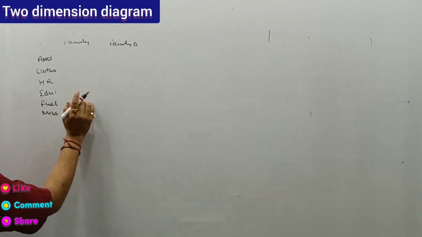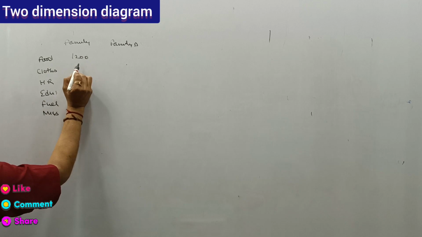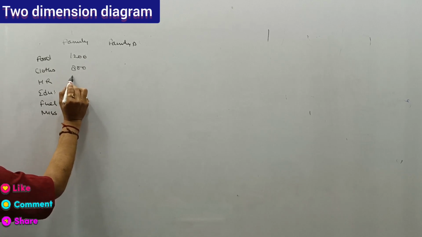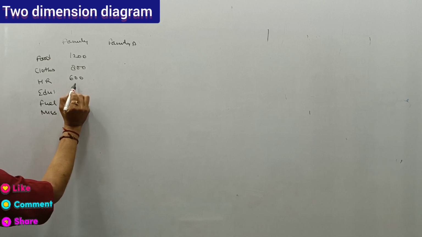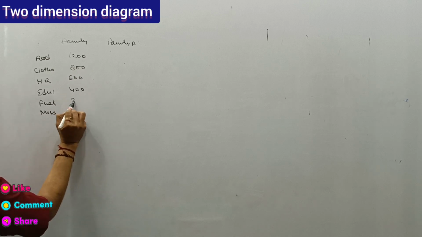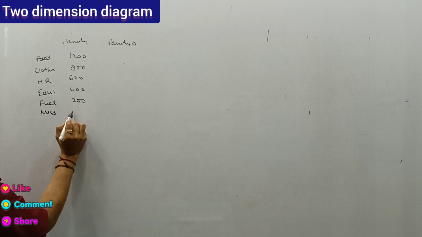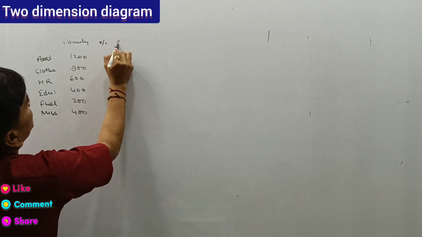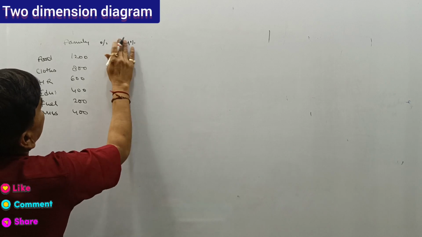Family A expenditure is 1200 on food, 800 on clothing, 600, then 400, then 200, and then the last is 400. Percentage and cumulative percentage are required.